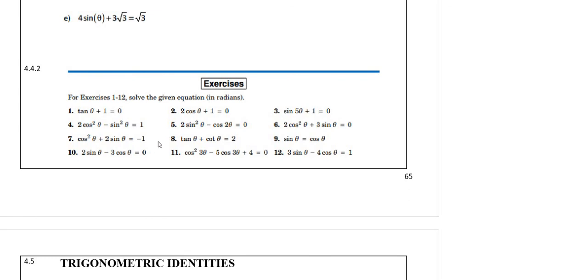In other words, especially I would say number 5, number 6, maybe number 11, number 7, there's a 2 theta and there's squares and so on.